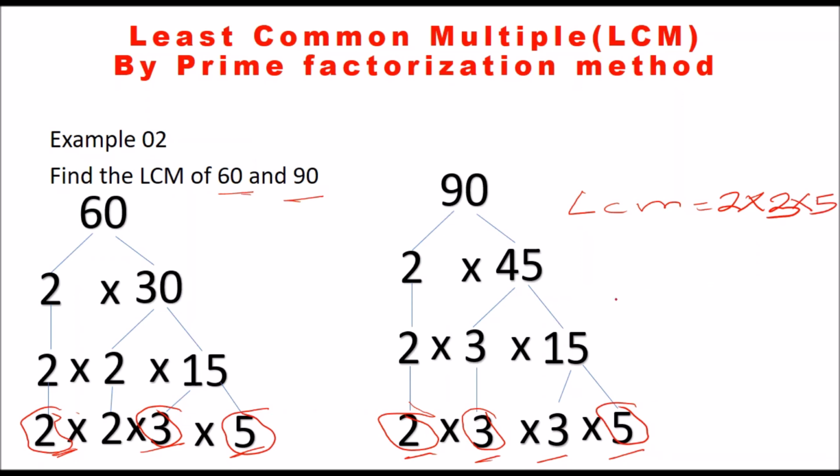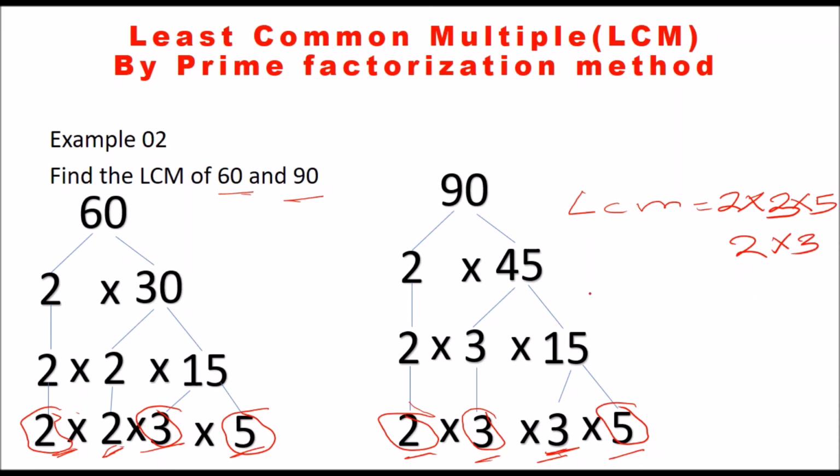Then we include those numbers which we have not included. Here we have these 2s, and here also we have this single 3. So it will be 2 times 3. Also include them.